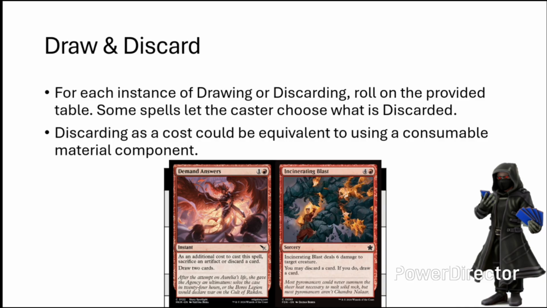Alternatively, for cards like Incinerating Blast, you may discard a card, so you roll on a table once and take one of the debuffs, and then you draw a card, roll on the table, and gain a benefit from the draw. Like I said, effect to effect, spell to spell, it might be different. But I think this is an interesting take on this ability.